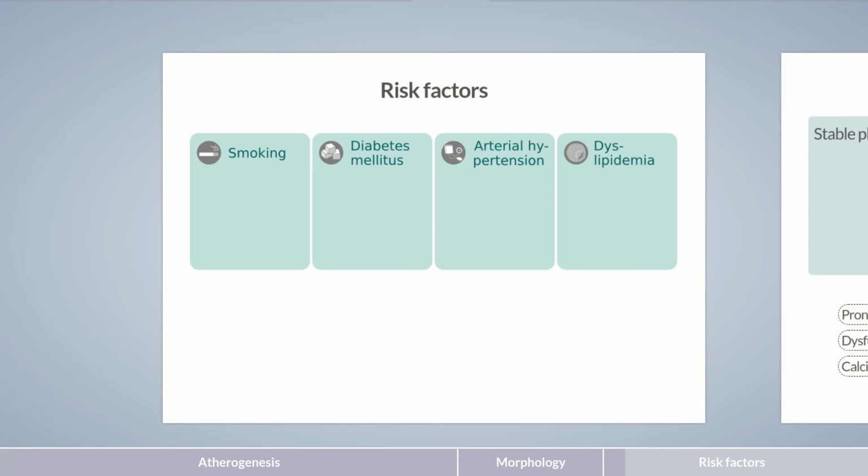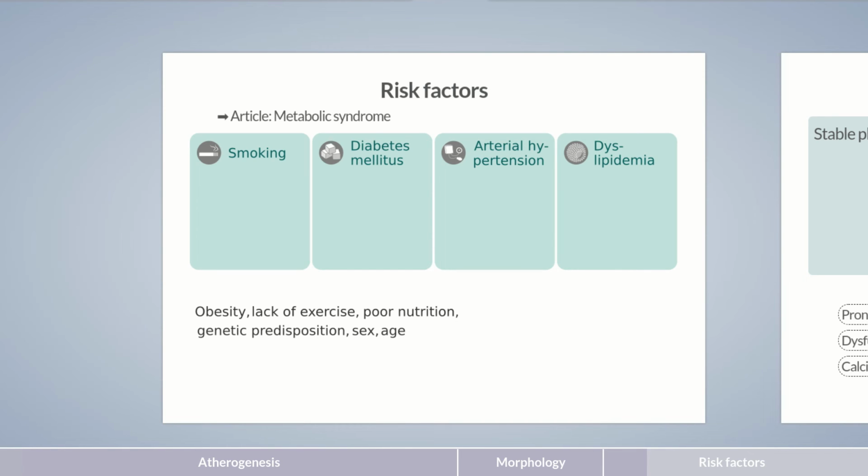These risk factors are associated with obesity, lack of exercise, and poor nutrition. Besides smoking, this cluster of risk factors is also termed metabolic syndrome. Genetic predisposition, sex, and age also play a role. However, the last three factors can't be affected by preventive measures.